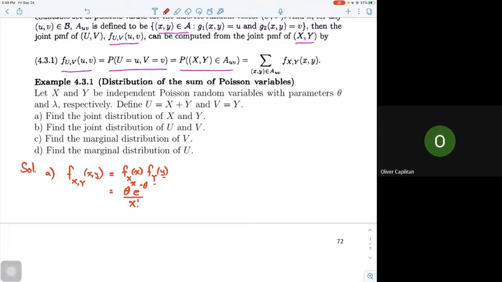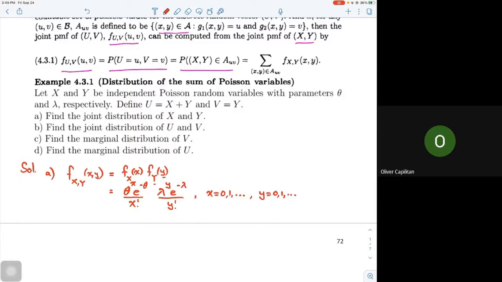Then for Y we have lambda to the y, e to the negative lambda, over y factorial. The values for X are 0, 1, and so on, and for Y, 0, 1, and so on. Okay, so that's the answer for letter A.